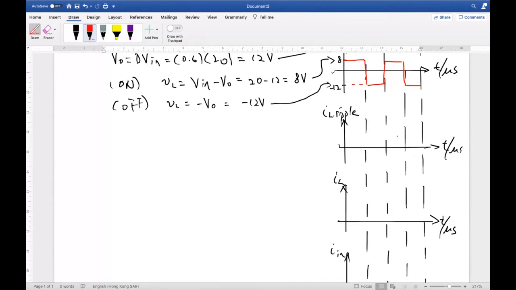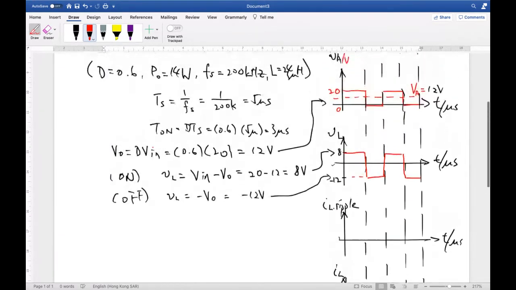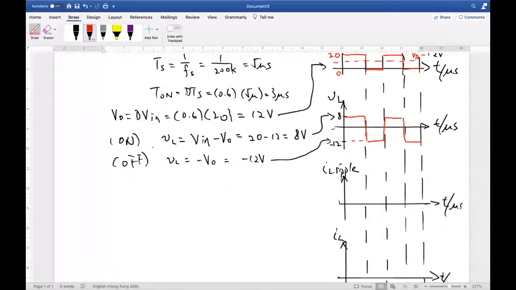And then actually we can do some calculation if it is not given in the problem. Okay, so we have this equation. We should have the L here.